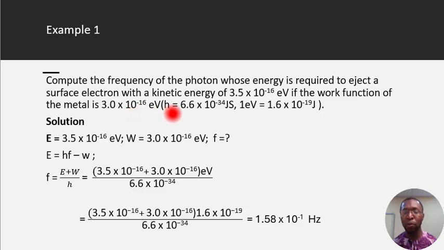And we are given Planck constant, h, to be 6.6 × 10^-34 joule seconds. And then we are told that 1 electron volt equals 1.6 × 10^-19 joules.